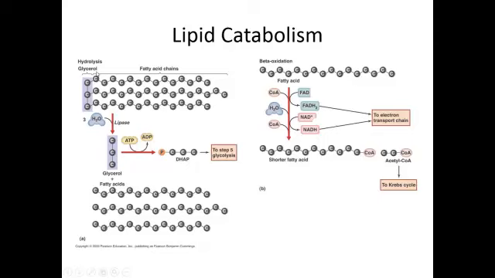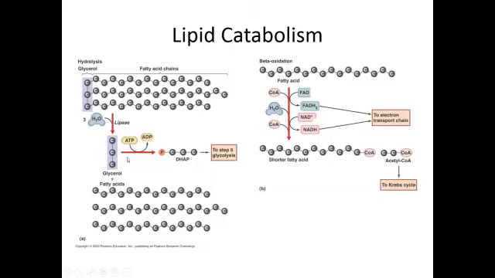So we undergo hydrolysis with a lipase, and we get glycerol. The glycerol gets changed to DHAP. Do you remember DHAP? When we do that first split of the 6-carbon molecule into 2 3-carbon molecules, DHAP is right there. So this goes on to glycolysis, produces some NADH and ATP.